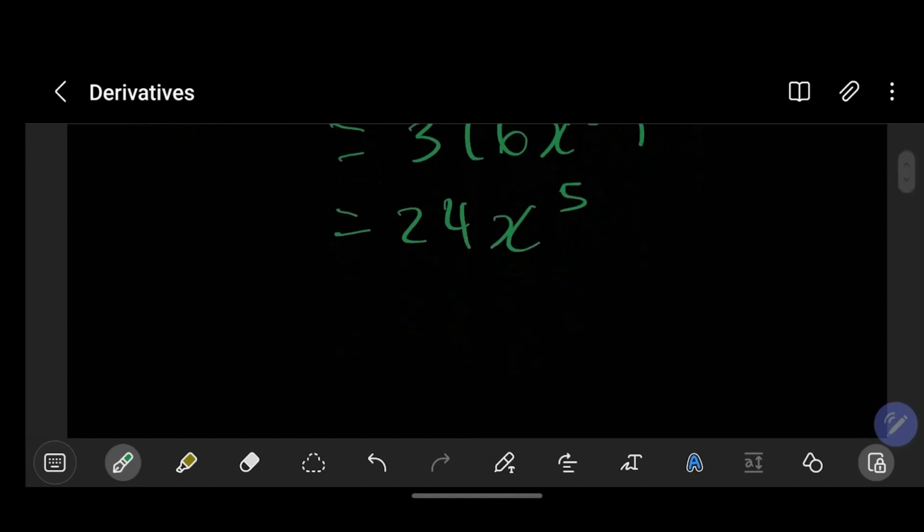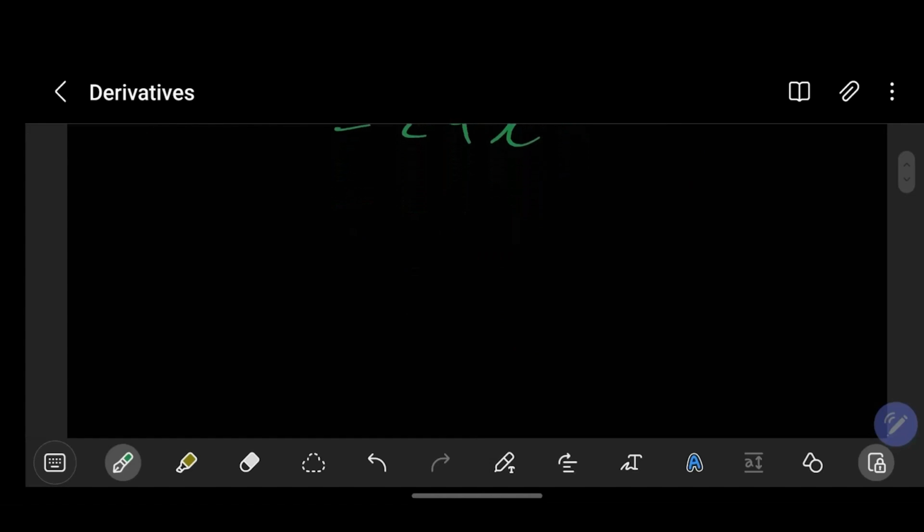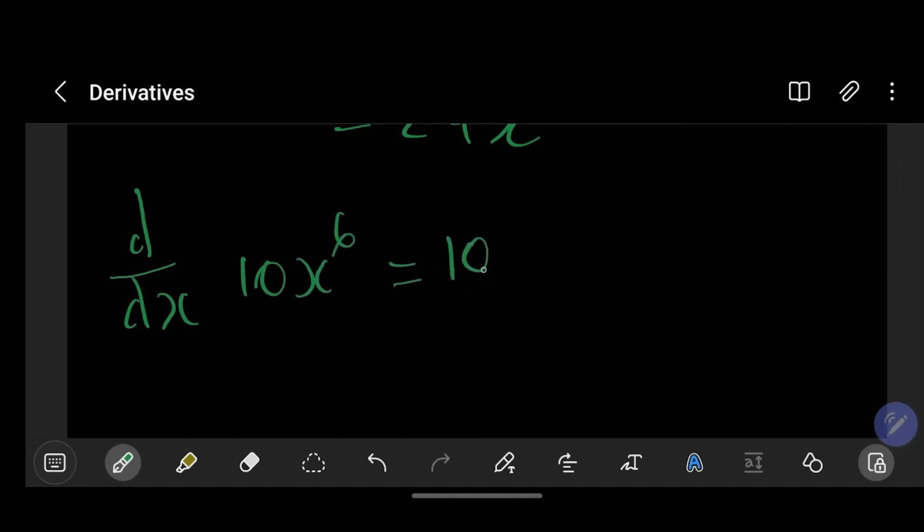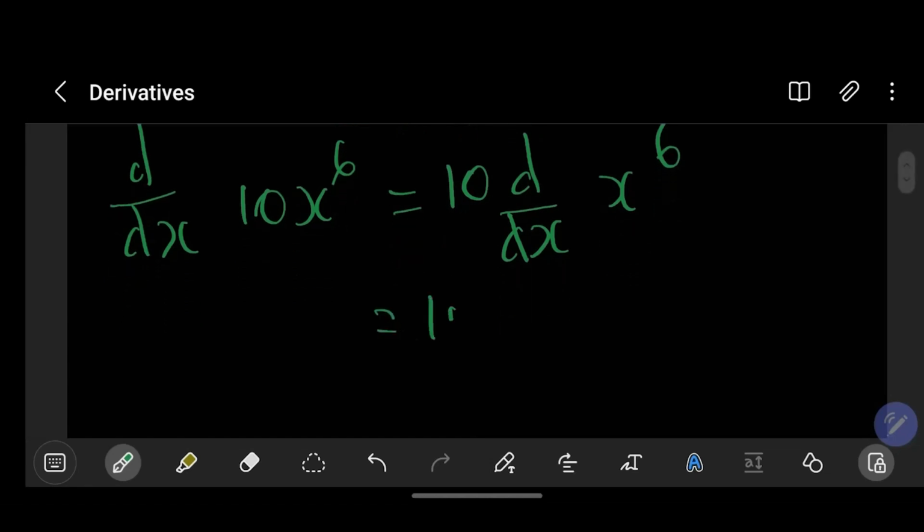Okay, let's do another one. Let's say we have d dx of 10x to the 6. We take out the constant, so we take out 10. We then find the derivative of x to the 6. So this is 10, and we bring out n, so n is 6.